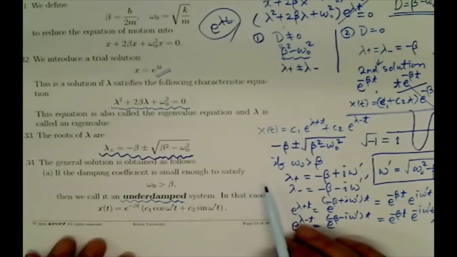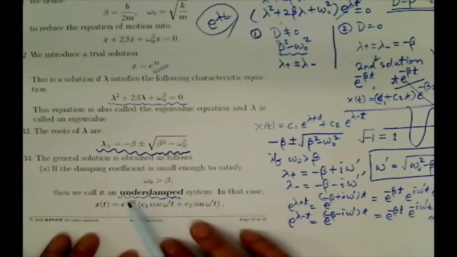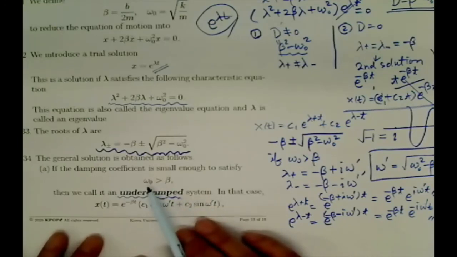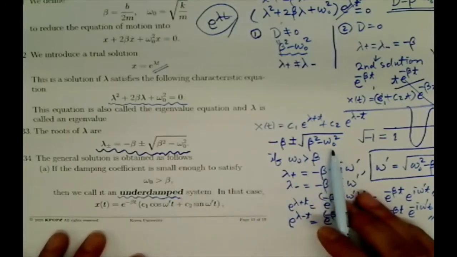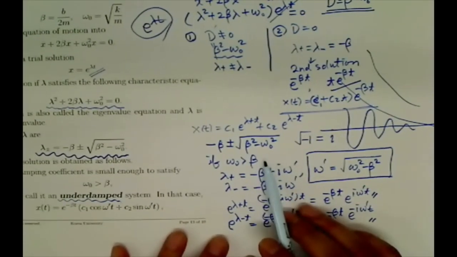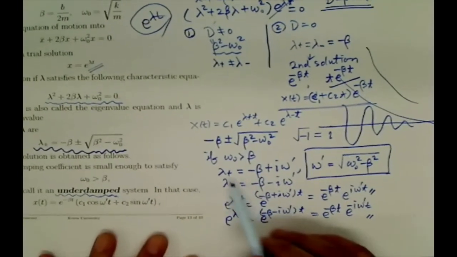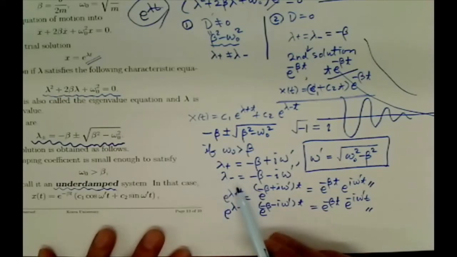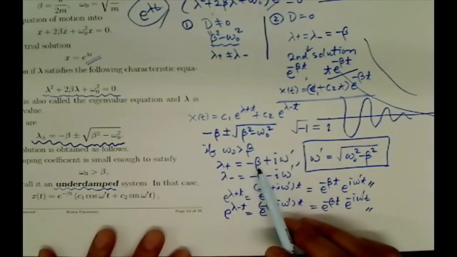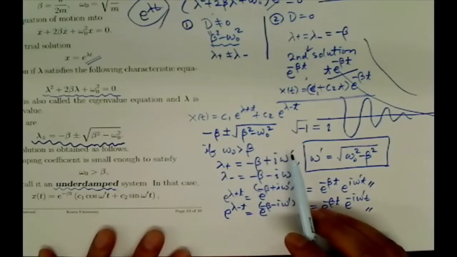But the most important problem is the underdamped system. The underdamped system is the case where omega 0 is greater than beta. If omega 0 is greater than beta, then the solution, this lambda plus and lambda minus, is composed of a real part, which is minus beta, and an imaginary part.